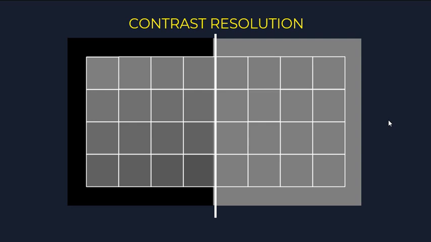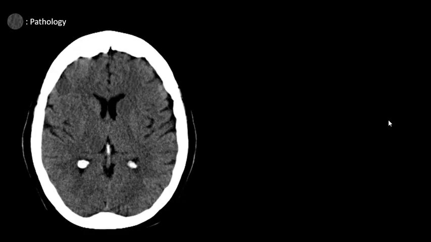Now, how does this apply to CT scan of the brain and developing this search pattern? So in this theoretical example, we have a CT scan of the brain at the level of the frontal horns of the lateral ventricles, and we have this circle as a pathologic structure. There are 4 pathologic structures on this scan. If you can identify them, then that's great, but they are very subtle.